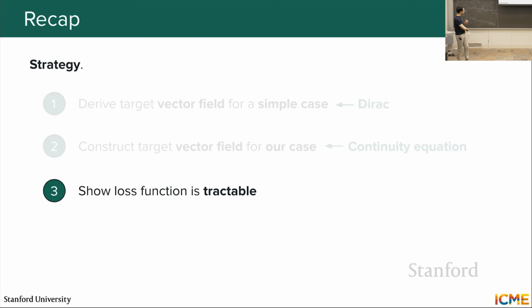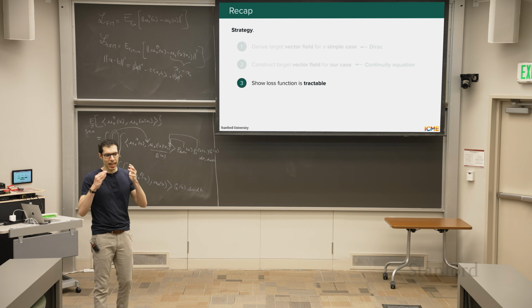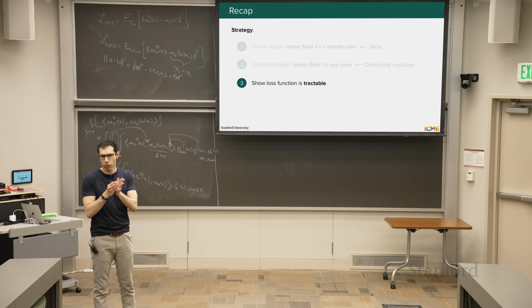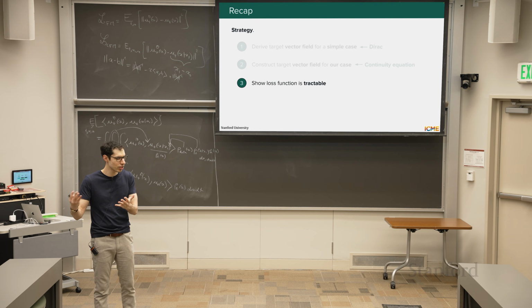So given that, we were finally with a vector field that was something that was adapted to our use case, but now what we wanted to do was to learn it with the tractable loss. So in this last part, what we did is show that the loss that we wanted to optimize was actually equivalent to another loss that was extremely tractable, which is the conditional flow matching loss.